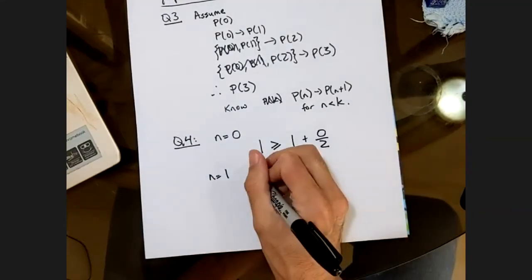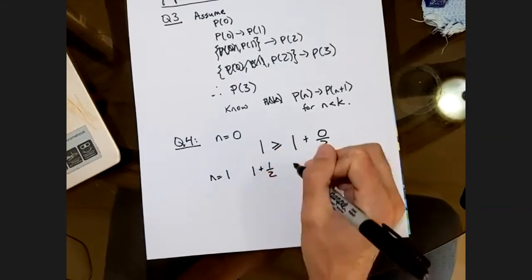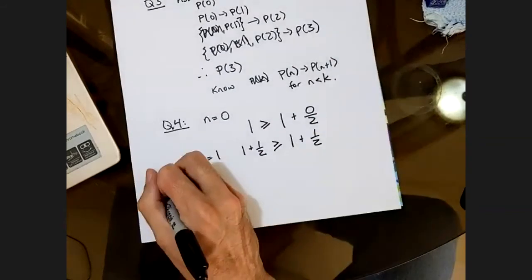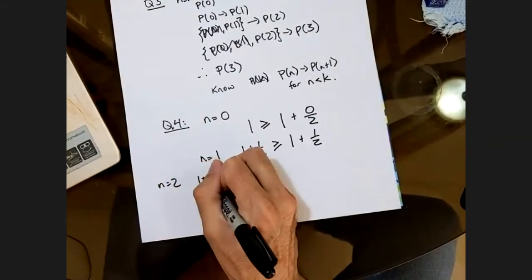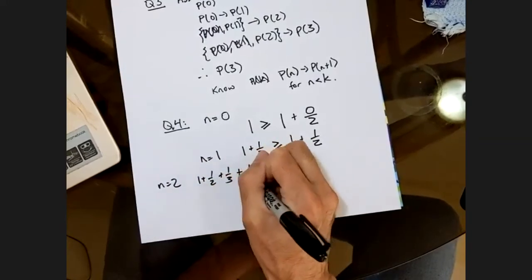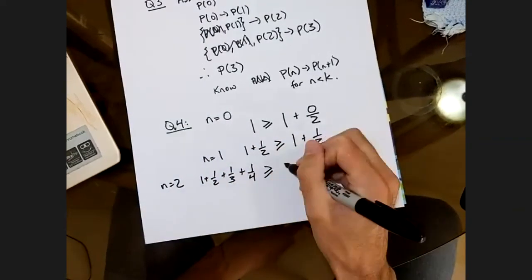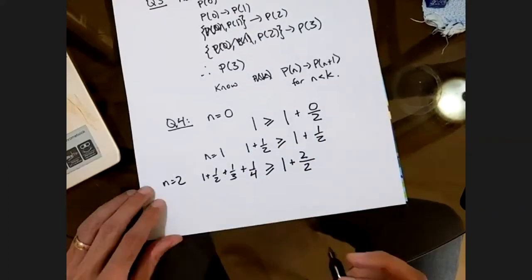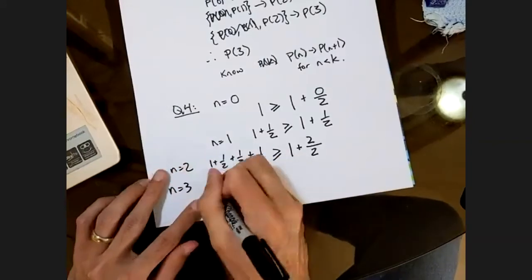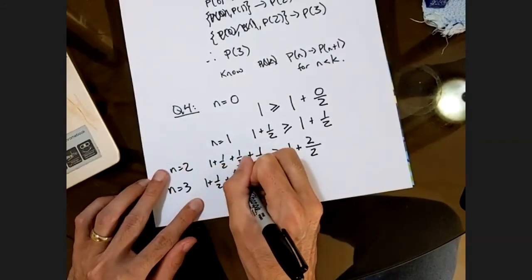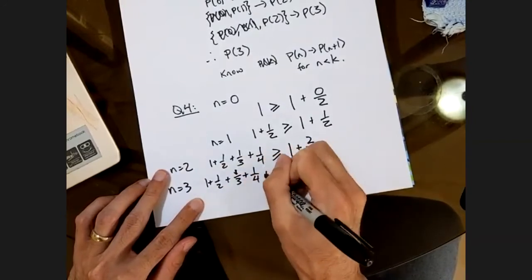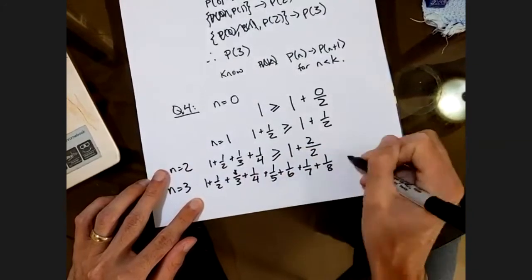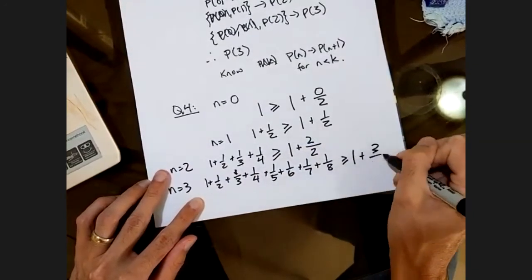For n equals 1, it says 1 plus a half is greater than or equal to 1 plus 1/2. For n equals 2, it says 1 plus a half plus a third plus a quarter is greater than or equal to 1 plus 2/2. For n equals 3, it says 1 plus a half plus a third plus a quarter plus a fifth plus a sixth plus a seventh plus an eighth is greater than or equal to 1 plus 3/2.